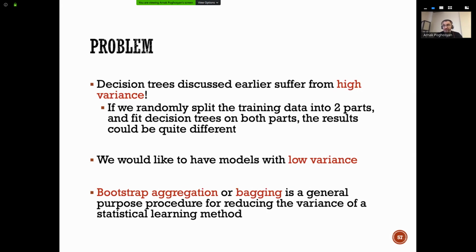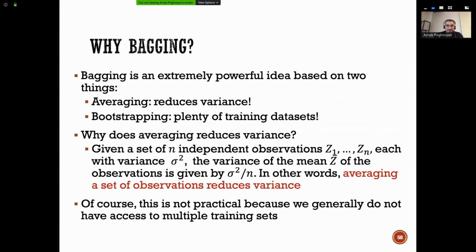When you have random observations coming from different distributions and you calculate the average, the final distribution has smaller variance. So the idea is to construct different decision trees, and the final prediction is taken as the average result of those decision trees.